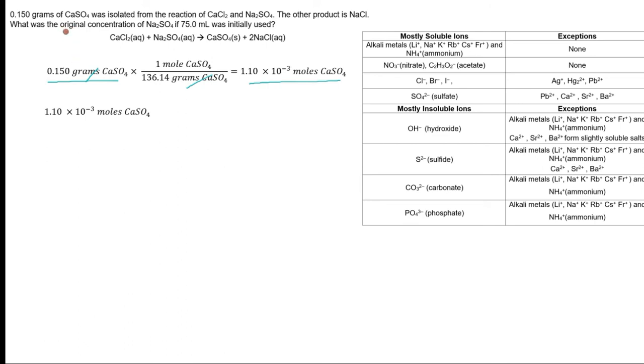Remember, we wanted to know the original concentration of sodium sulfate. Rewriting my moles of calcium sulfate using my mole ratio, which is another fabulous 1-to-1 mole ratio, I get 1.1 times 10 to the negative third moles of sodium sulfate. Fantastic, I have my moles of sodium sulfate.